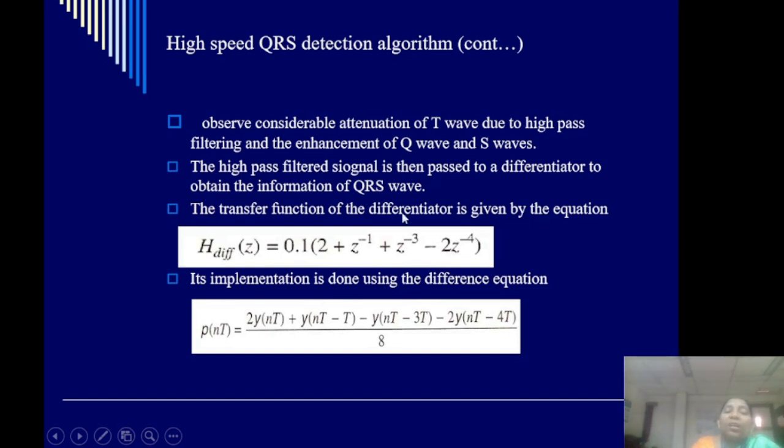We implement this using a difference equation: y of nT equals 2 x of nT plus x of nT minus T minus x of nT minus 3T minus 2 x of nT minus 4T, divided by 8. When you apply the Z transform and take the transfer function, we get this particular equation.